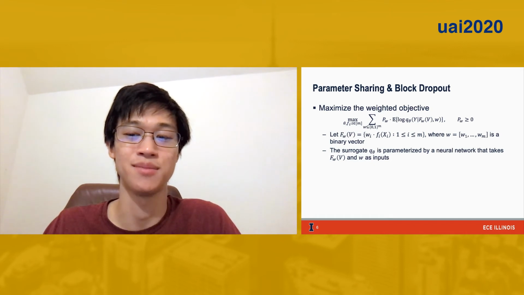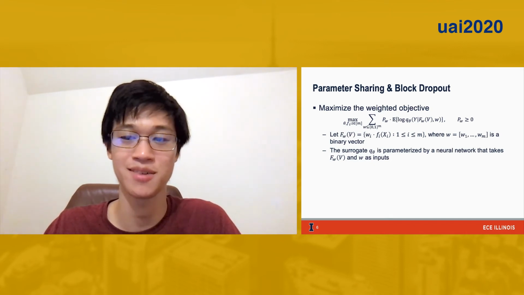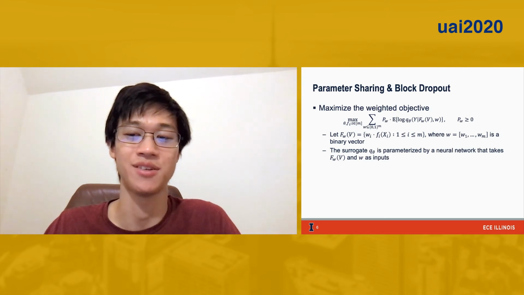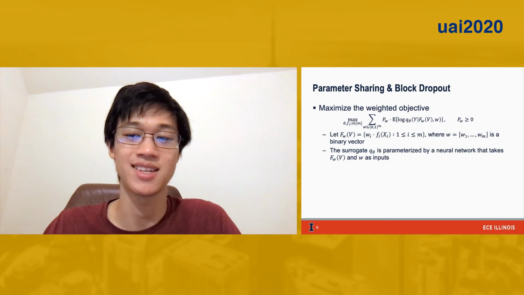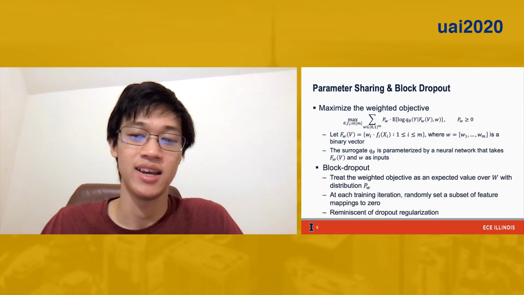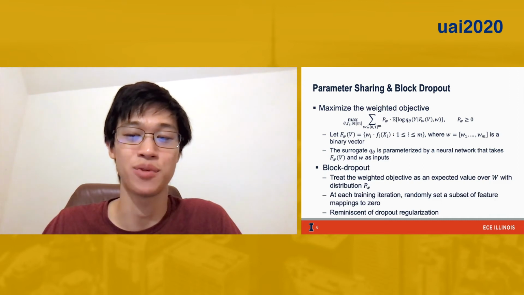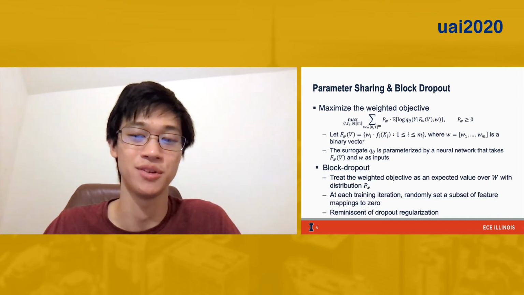We use f sub W of x to denote a masked set of mapped features, where the mapped feature is either present or set to 0 based on W. This allows us to optimize over a single parametric distribution that takes W as an additional input. In order to optimize this objective in practice, we treat it as an expected value over a random variable W.